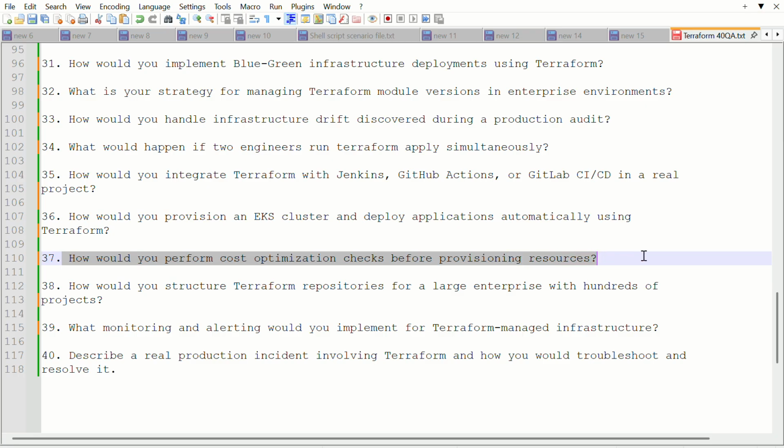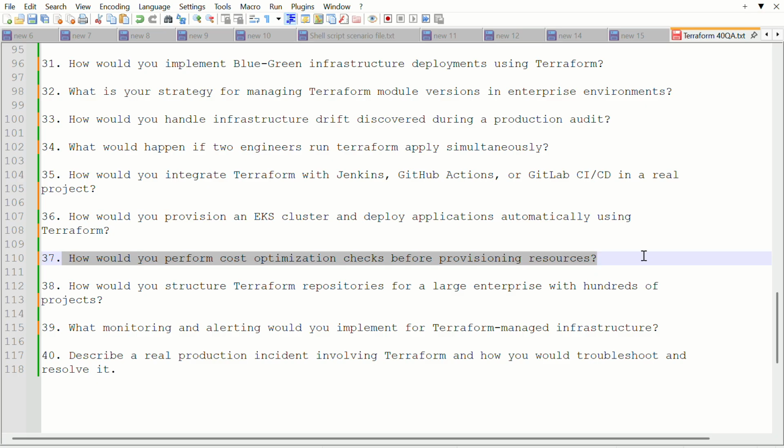You are provisioning resources, you are doing automation, you are not encouraging manual interventions or hard coding anything, but ultimately as a DevOps engineer you need to keep in mind cost optimization, zero downtime, and high availability. So how are you performing cost optimization before provisioning any resources from Terraform?